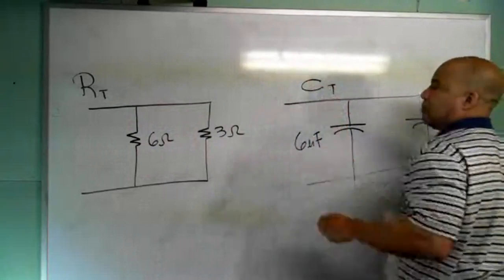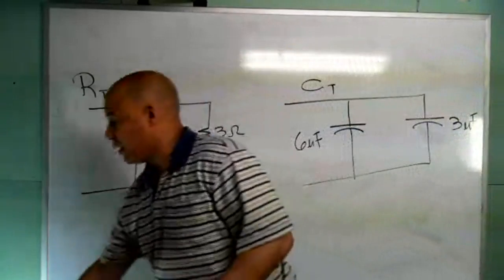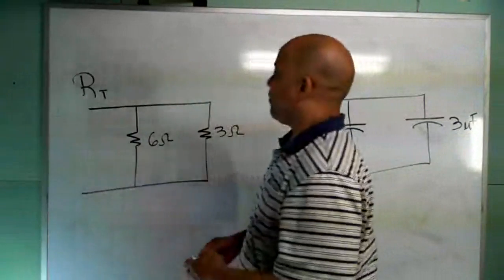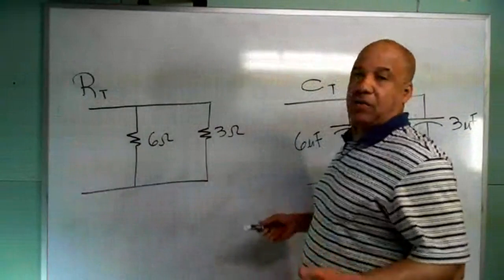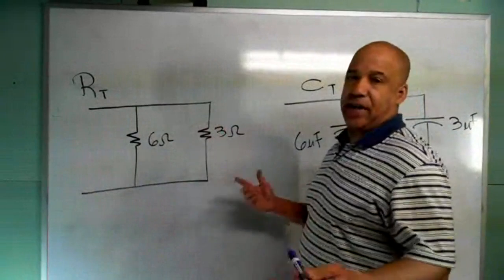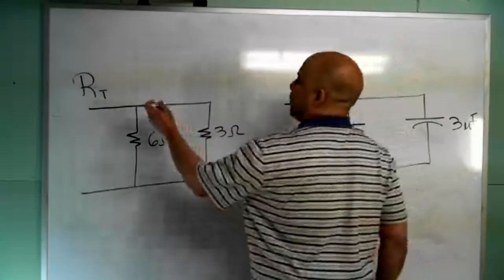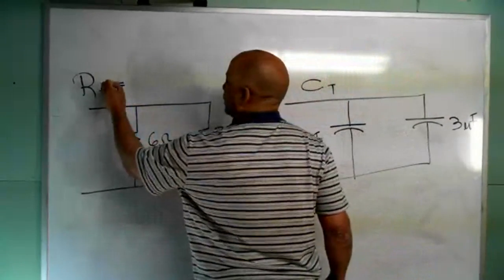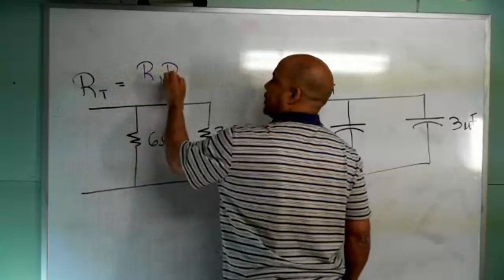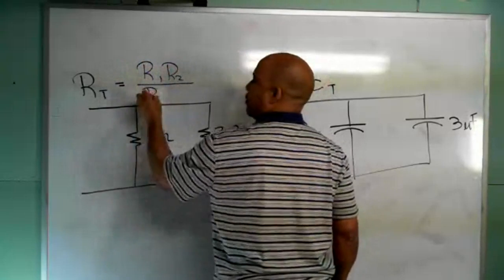So how would I do it? Well, we all know how to do this one. I use one of those formulas. I gave you two: product over the sum, and the reciprocal formula. Because these numbers are so easy, let's use product over the sum. The total resistance is the first resistor times the second resistor, divided by the sum of the two.